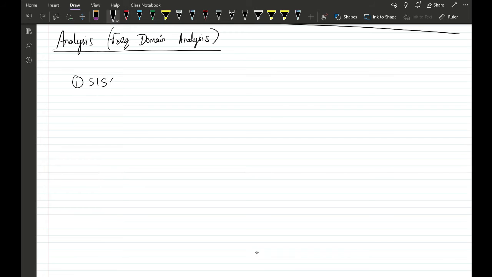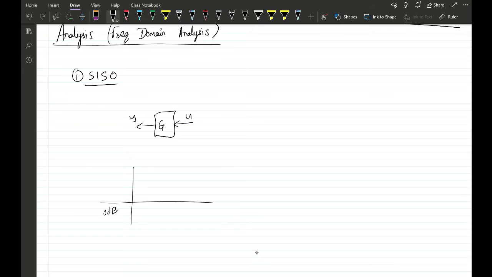Let's quickly look at SISO systems first, and very quickly review Bode plots. If we had a single input single output system G, and we looked at the Bode plot of G, which perhaps looked something like this.